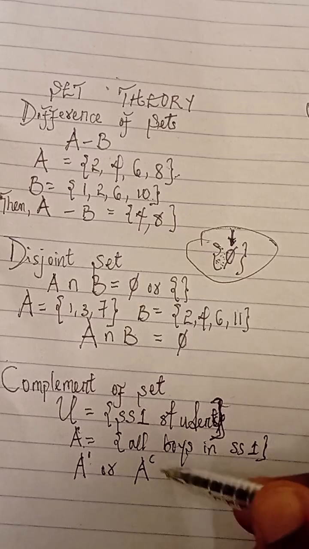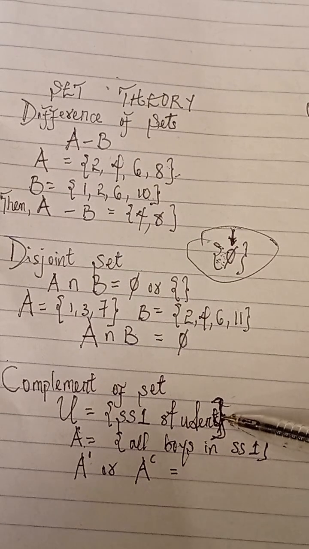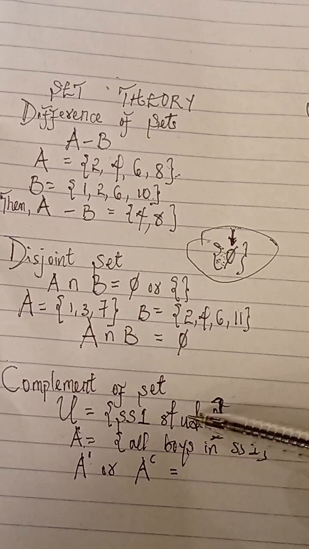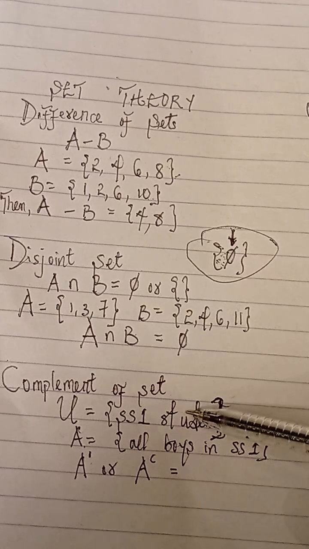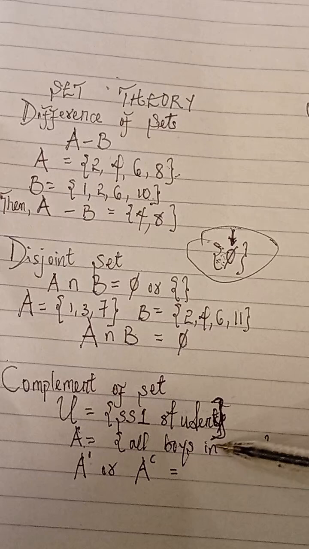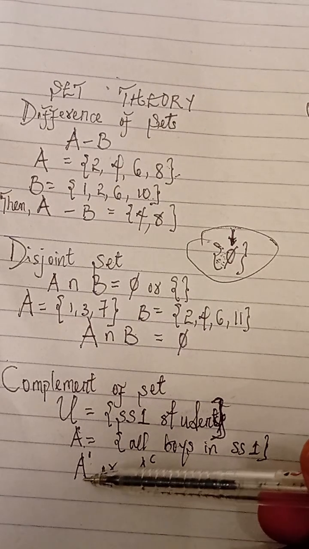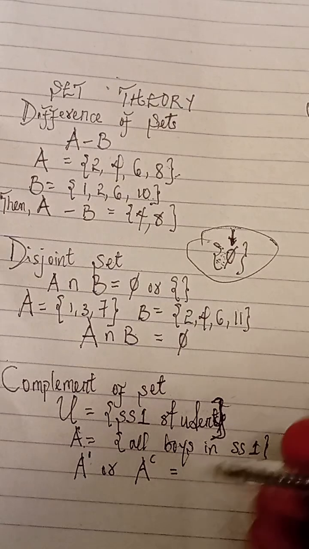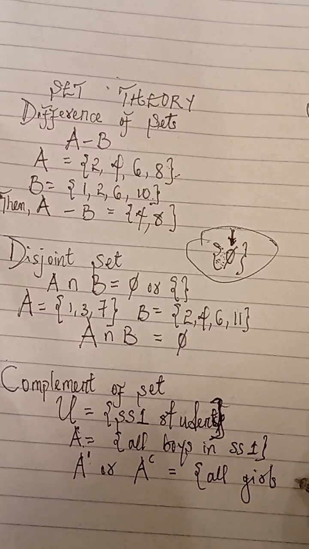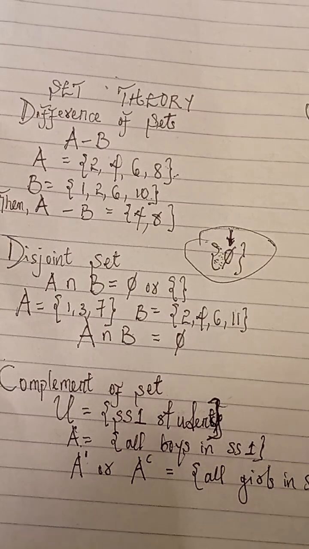The complement of this set is the elements in the universal set that are not in set A. Since in this SS1 class they should either be boys or girls, altogether they are boys and they are girls. So if set A is saying they are all boys, and the universal set is saying they are all SS1 students, therefore A complement should now be all girls in SS1. Right?